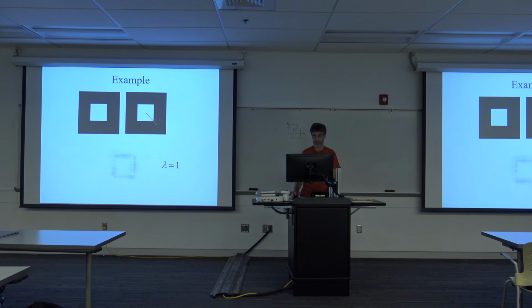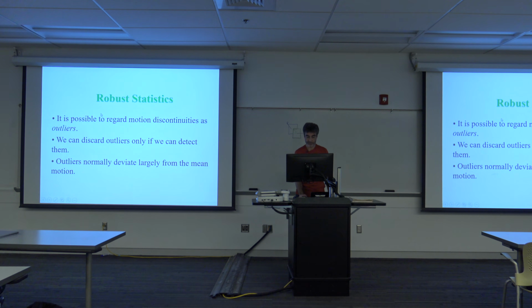What would be the outliers? The outliers would be, for a region small enough, because we want to keep the region as small as we can, the points that do not correspond to the object moving, for example, right? Let's see how we can do that. That would allow us to make the region larger, which would allow us to solve the other problems.